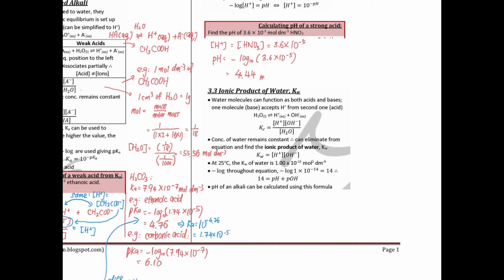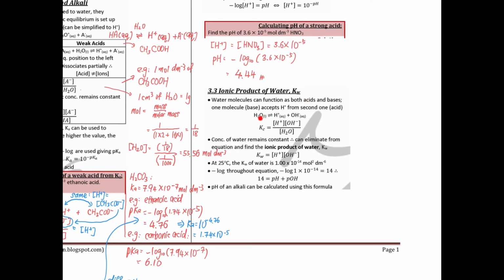Let me look at this equation first before we continue with that point. In this equation, water can dissociate or ionize to form H plus, so it fulfills the condition to be an acid.